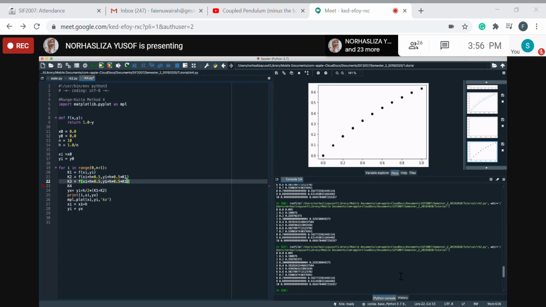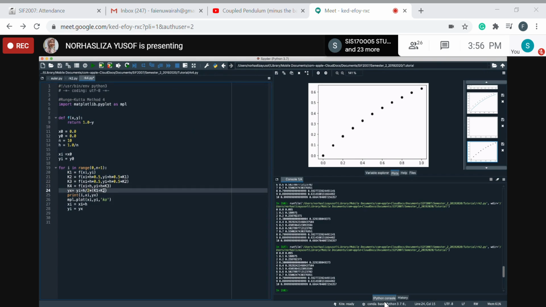So this is K2. And K4 is, I take this one, and this is x plus h, then y plus h times K3. Okay, so the function now is a bit different.